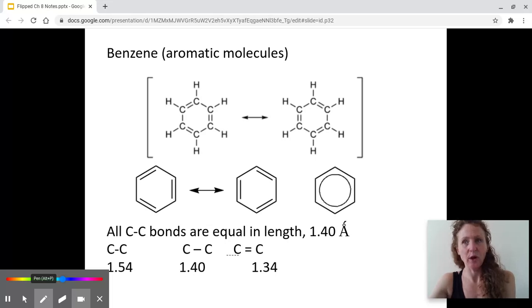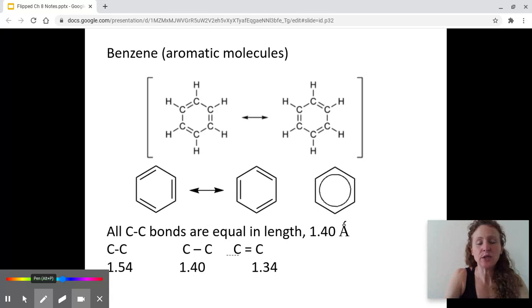It's one of the most common nonpolar solvents. It's a 6-carbon ring. Ring molecules are also super unusual. Usually, if you have a molecule that forms a ring, it's going to be a ring of 5 or a ring of 6. And so this is your all-carbon ring of 6 called benzene.